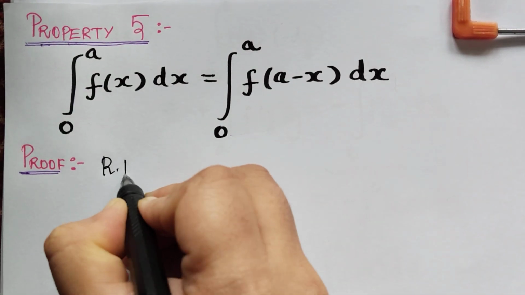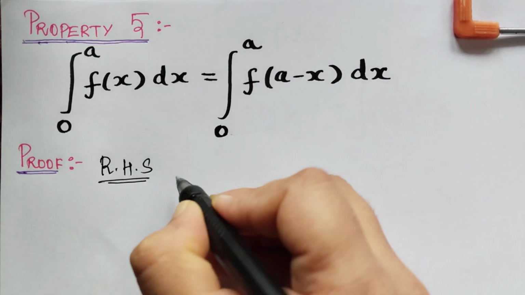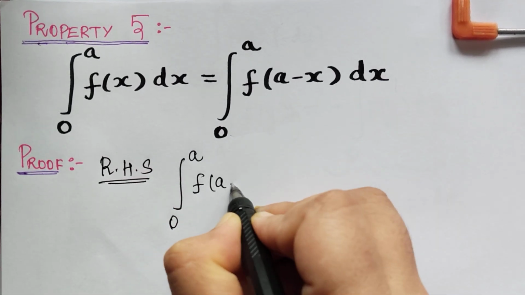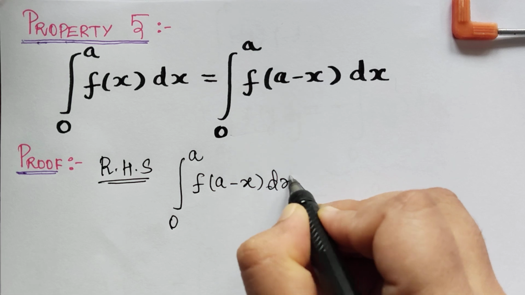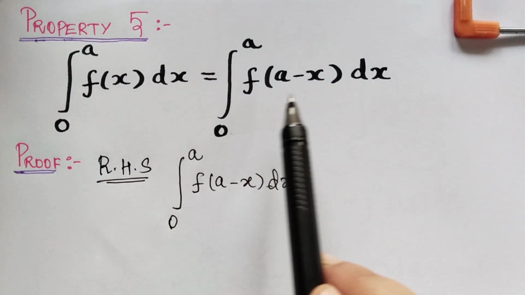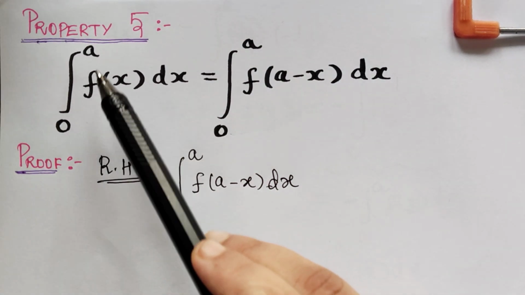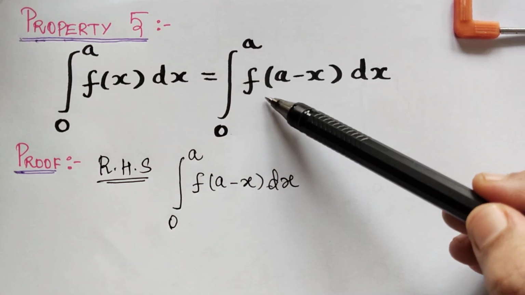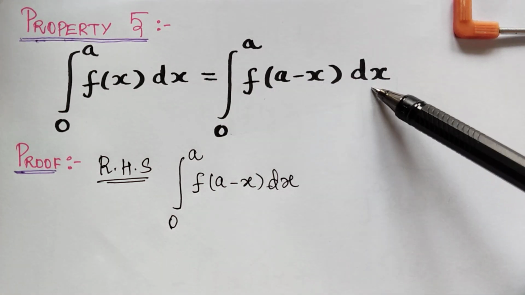So first we will consider the right hand side. So what is the right hand side? It is integral 0 to a f of a minus x dx. So before that, I would just like to read out the property for you. So integral 0 to a f of x dx is equal to integral 0 to a f of a minus x dx.